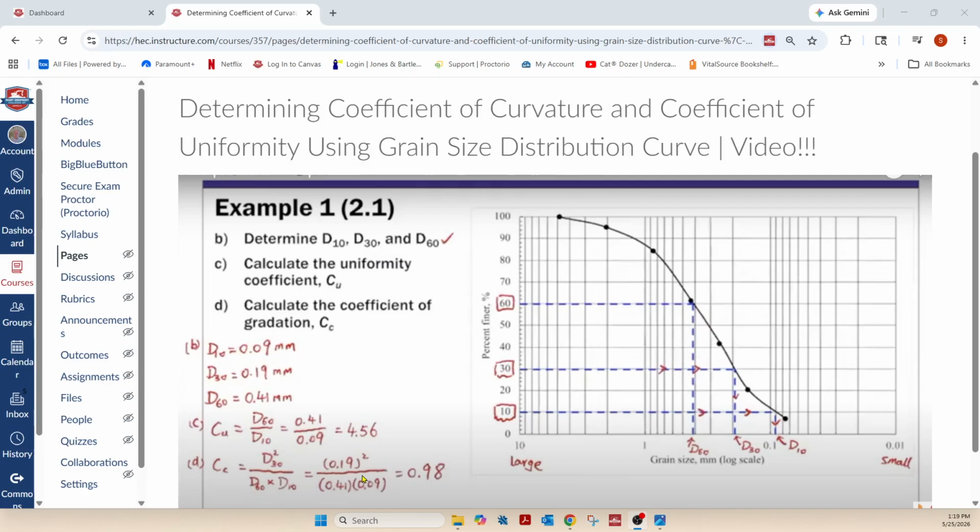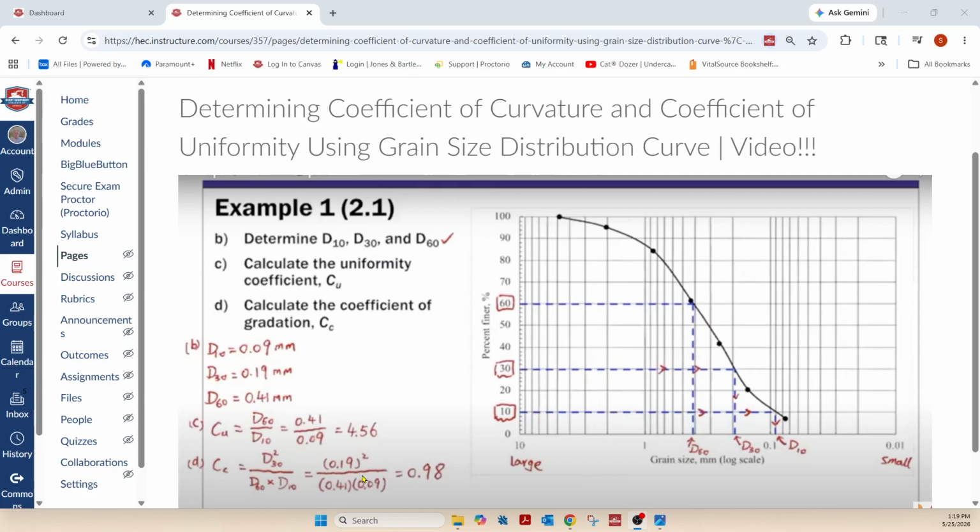Now let me read a little bit more, because this is why we did it. Two coefficients used in classifying coarse-grained soils, see section 4, are the coefficient of uniformity, defined as D60 divided by D10, and the coefficient of curvature, which is D30 squared divided by D60 times D10.